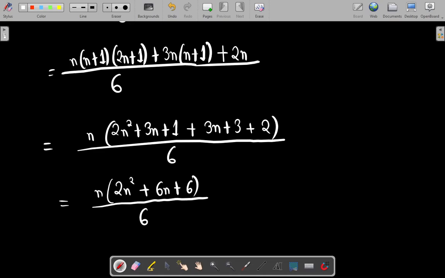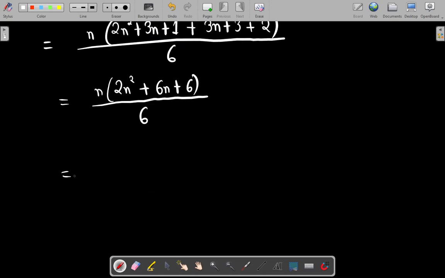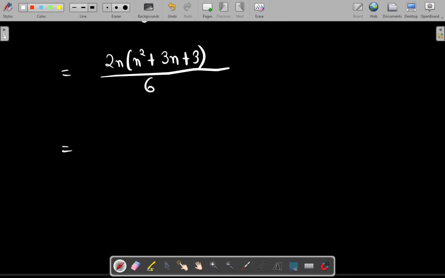If I take 2 common out here, this will become 2n times (n square plus 3n plus 3) upon 6, and on cancelling this 2 and 6, the final answer is n times (n square plus 3n plus 3) upon 3.